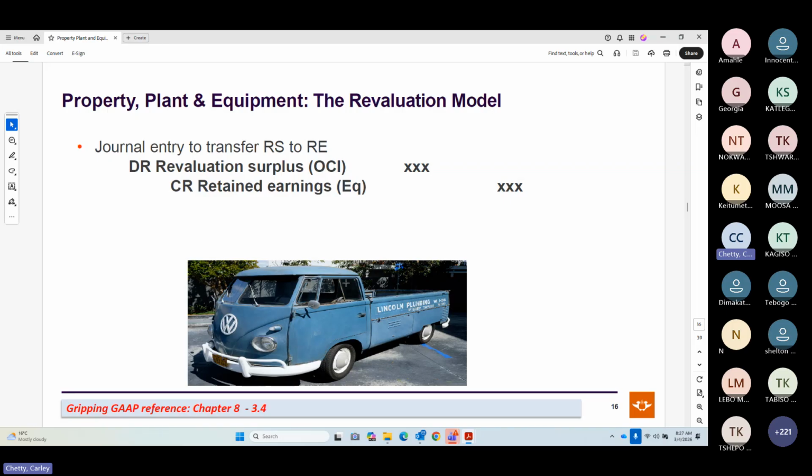We are reducing the revaluation surplus account, and we are releasing it to retained earnings. And remember, we said for purposes of this module, this will be done over the useful life of the asset. So that is the journal we are going to do.